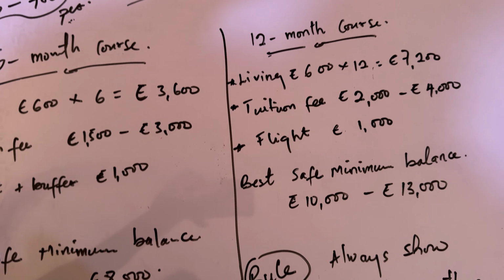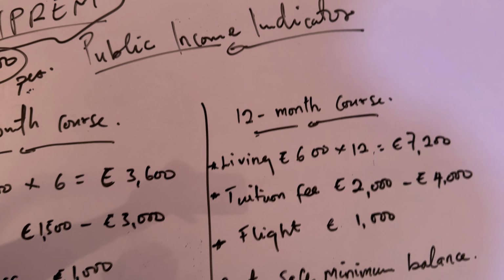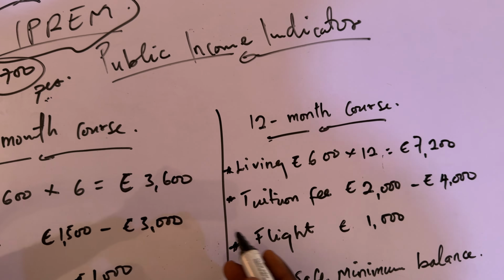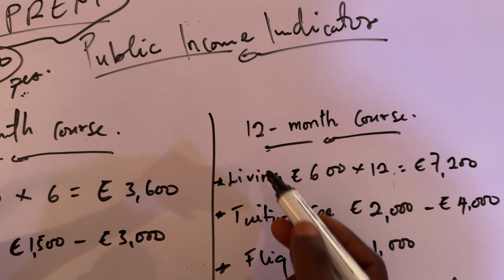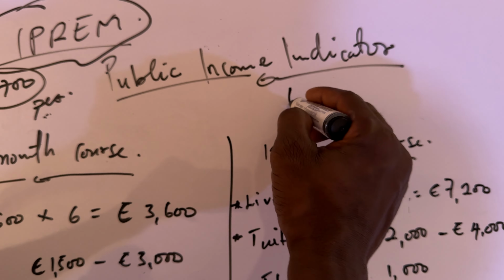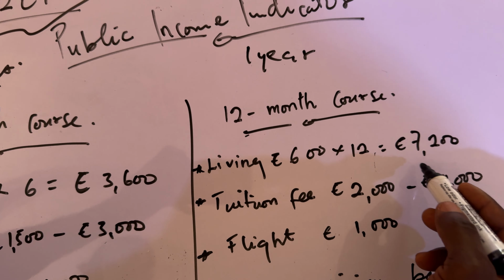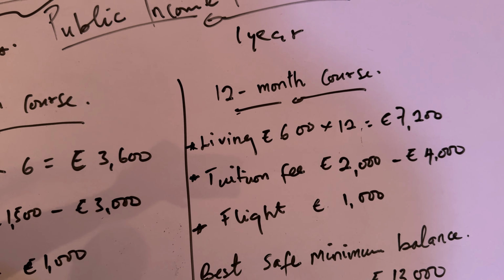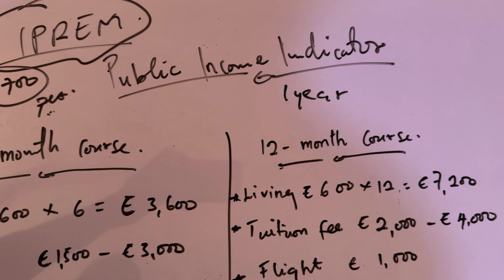Now let's go to those of you whose courses are 12 months. If you are going for a 12-month course, the living expenses still remain the same: 600 euros multiplied by 12 months, because 12 months is 1 year. So for a 1 year course, that is going to be 7,200 euros for the living expenses, estimated according to the public income indicator.